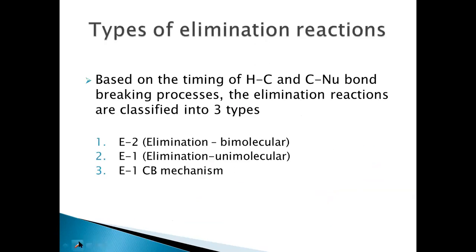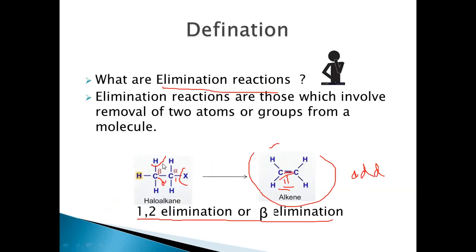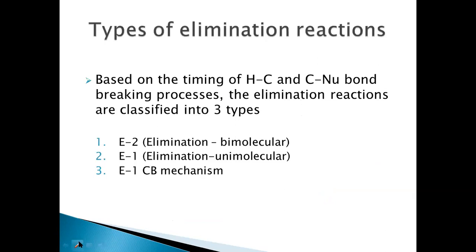Now, let's see the types of elimination reactions, depending upon when the bond breakage occurs, the C-H and C-Nu bond breaking. Depending upon the step in which this bond breakage occurs, the elimination reactions are divided into three types.